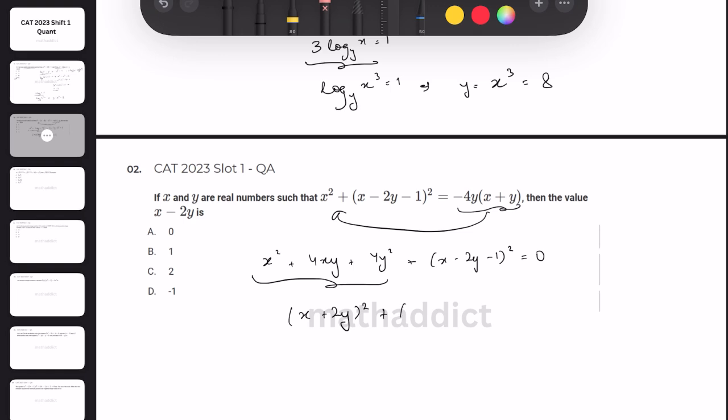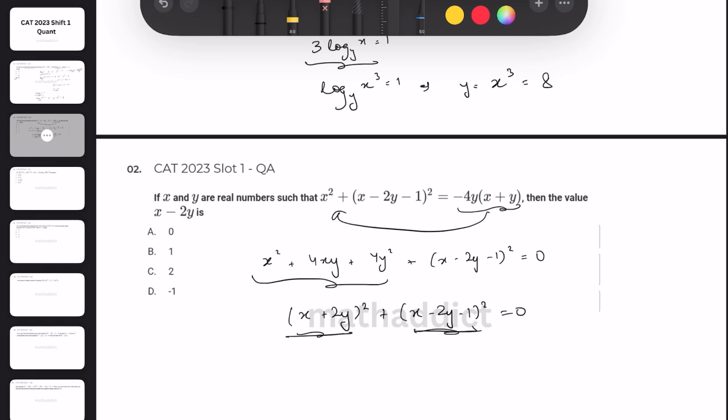And here, as x and y are real numbers, this is a real number and this is a real number, so the squares of each would be non-negative. So if the sum is 0, that means both the individual terms are 0.